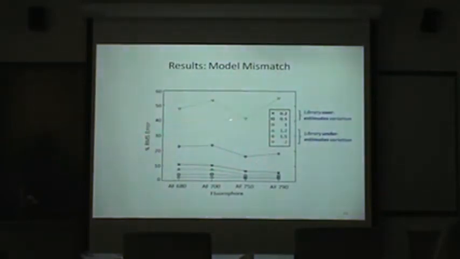And what you can see is that there's an asymmetry in the results. So it seems like it's much better to overestimate the variation than to underestimate it. And if you think about it, that kind of makes sense because if you have more variation than what you're actually seeing in the library, you at least have a shot of accounting for what you're actually seeing, whereas the reverse is not true.